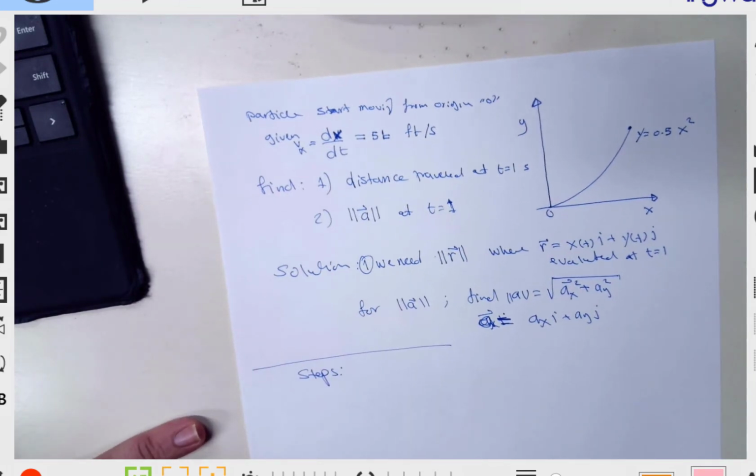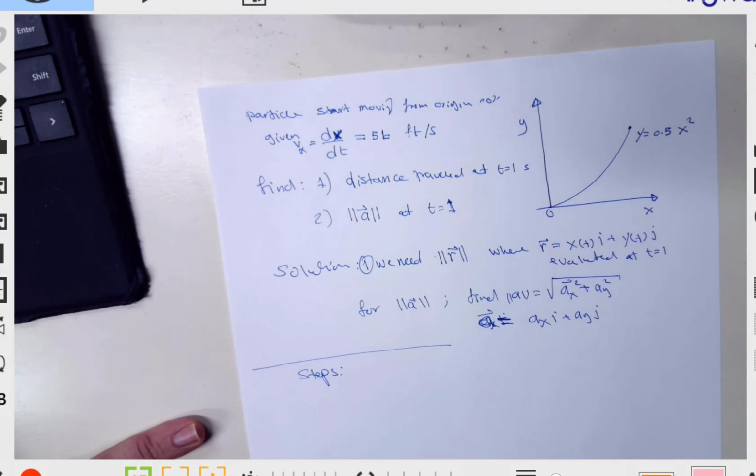Now, to determine x and ax, we need to integrate and differentiate the velocity component using the initial condition.